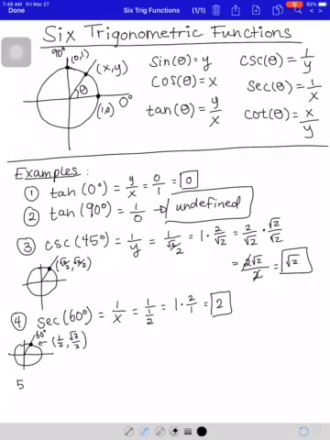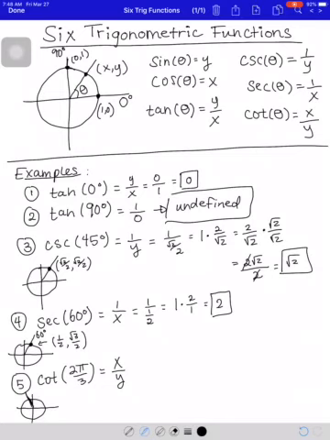Number 5, let's do, how about cotangent of 2 pi over 3. So our definition of cotangent is x over y. It's the reciprocal of tangent. And let's go ahead and draw our picture here. Where's 2 pi over 3? Oh, that's going to be that angle in the second quadrant, the one that's closer to the y-axis.